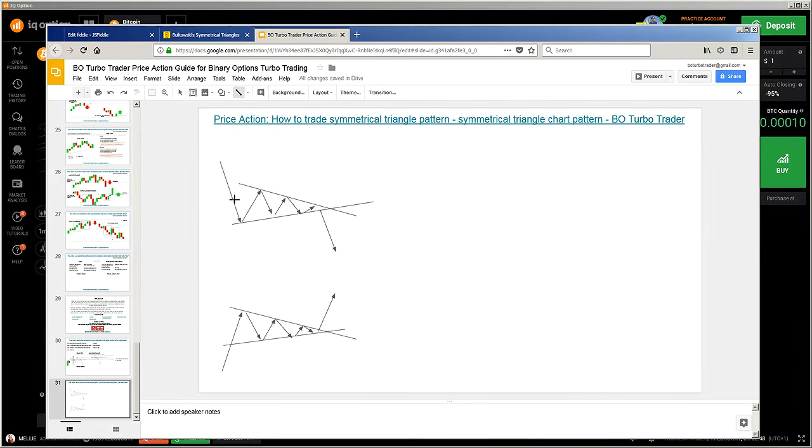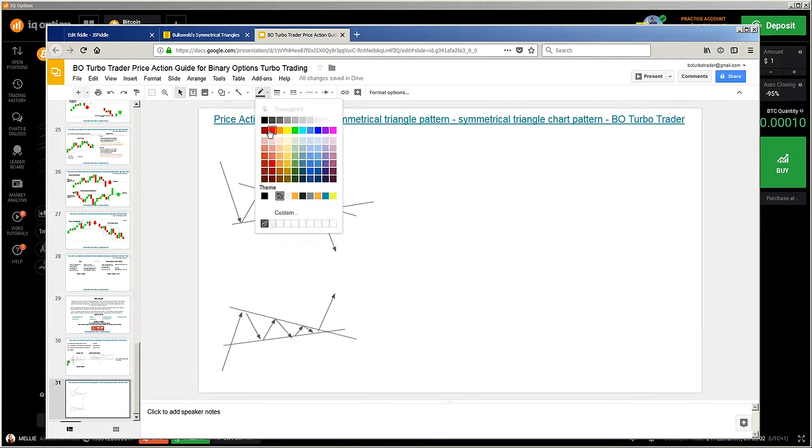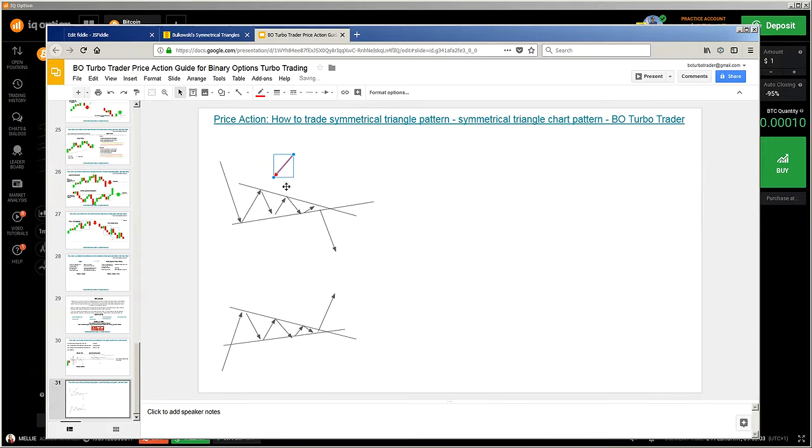Because this is in a downtrend, you do your trades based on, let me do some arrows here in red, so you understand that we have to do puts. Yes, we have to do puts in such parts, that is what I have done in the video where I have traded this.